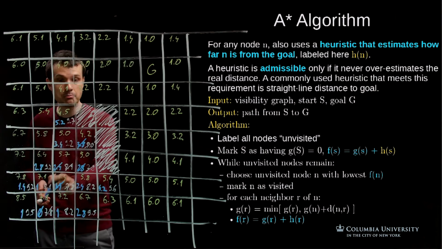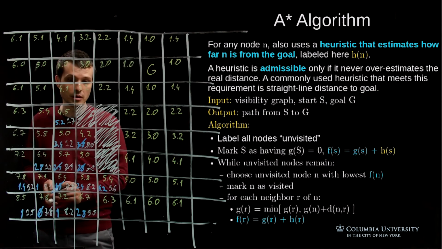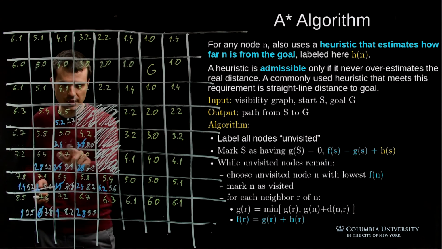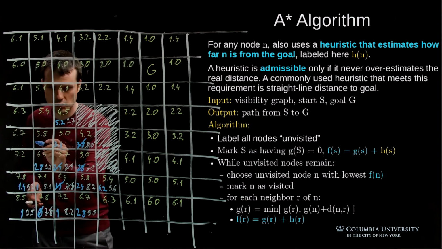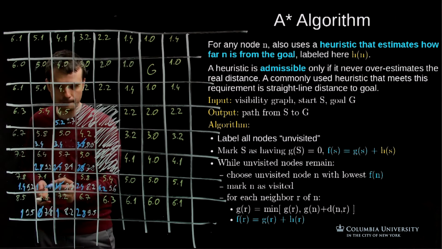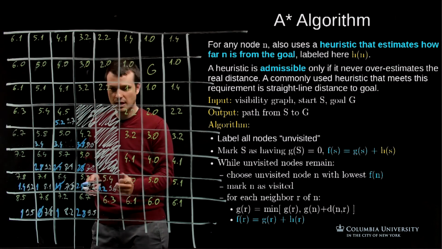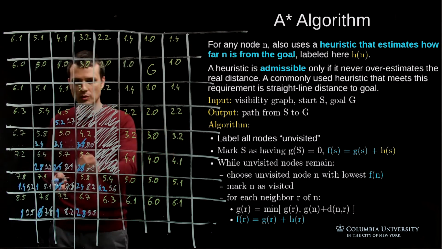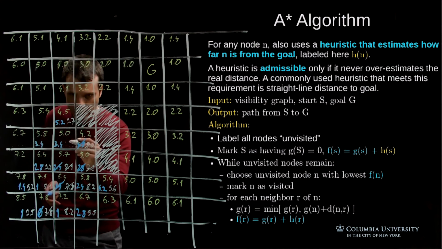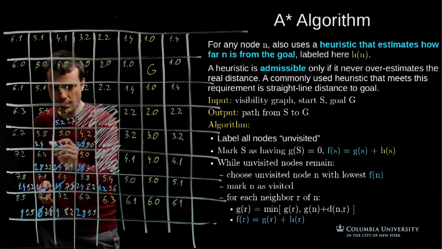Now I have found a better path to get to here compared to what I had before, so I must also update this estimate. Then for here, I'm going to have a 3.4 as well. Any other neighbors that I can update? Not really, so let's sum these up. So I'm going to get an 8.4 here and a 9.2 here.